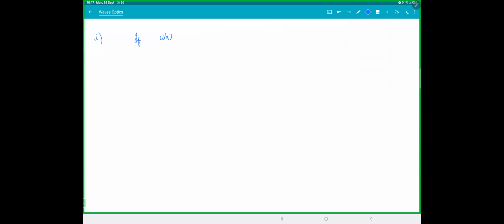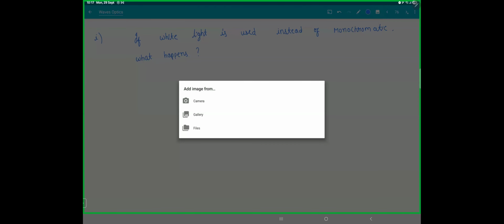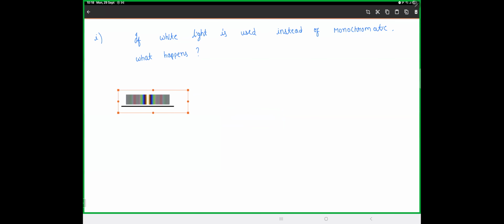What if you use white light in the experiment instead of monochromatic light? So what happens is the whole thing gets mixed up, because white light has all wavelengths basically.